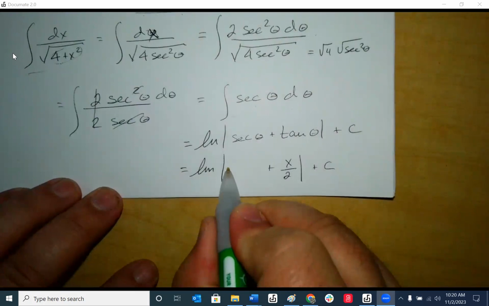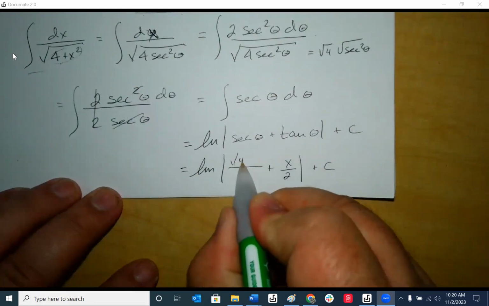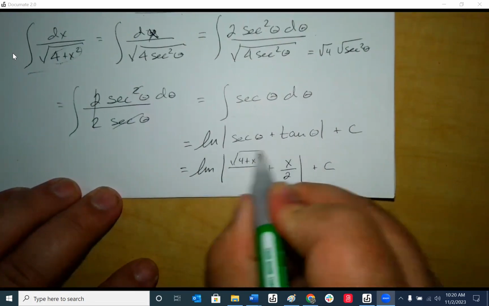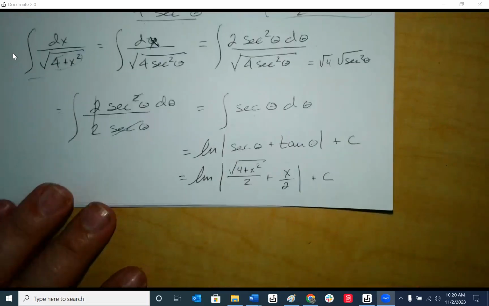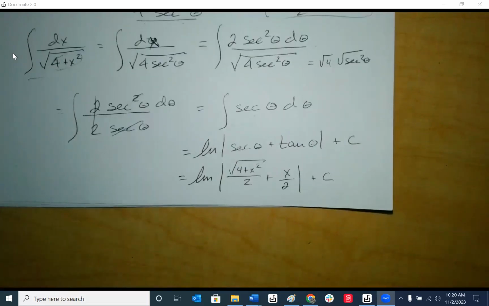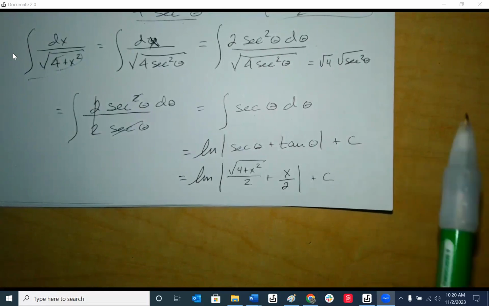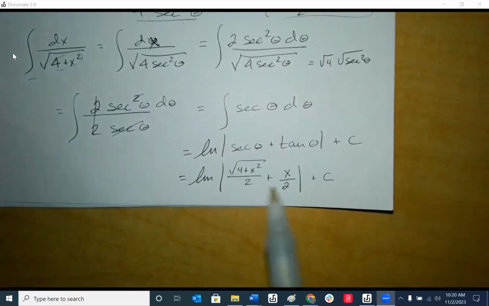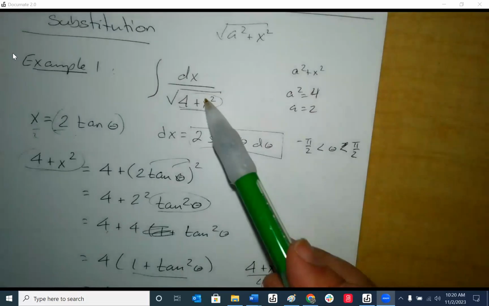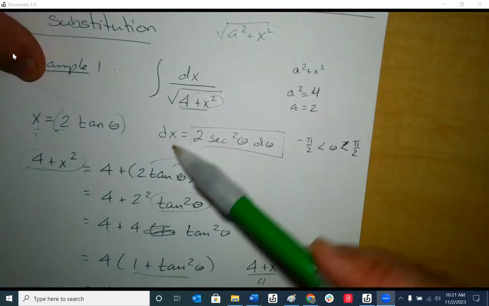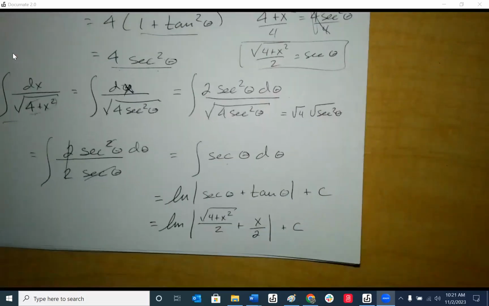So secant theta is the square root of 4 plus x squared over 2. And there we have it. So this is the integral of this function here, by using a trig substitution to get there.